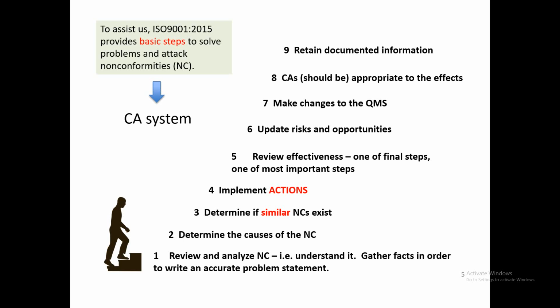The risk should be lower. And 7, make changes to the QMS. This is to make it permanent. This is part of the documentation requirement. 8, check that the CA is appropriate to the effects. And finally, 9, retain the documented information, for sustainability.